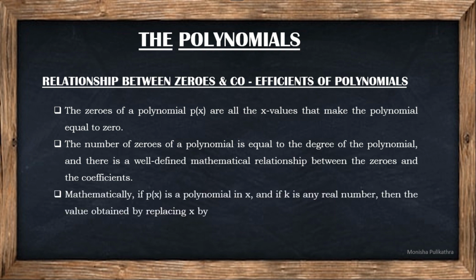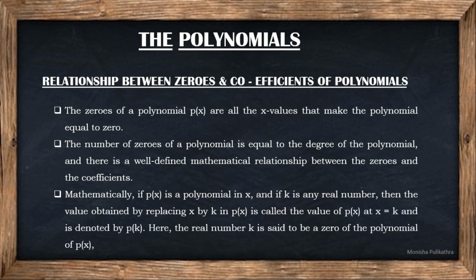Mathematically, if p of x is a polynomial in x, where p of x means an equation like the one I have already taken, 4x square plus 3x plus 2, that whole equation is said to be p of x.